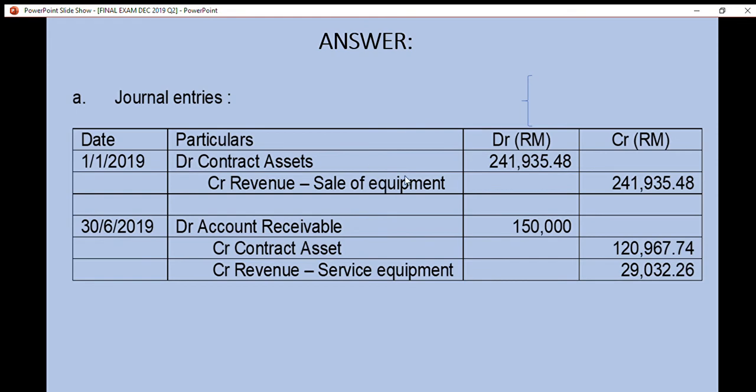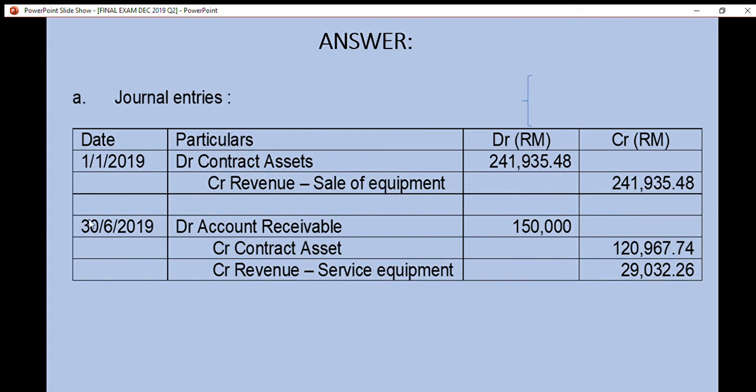Then on 30th June 2019, at the end of financial year, the revenue from the service of equipment can be recognized over the period of 6 months.